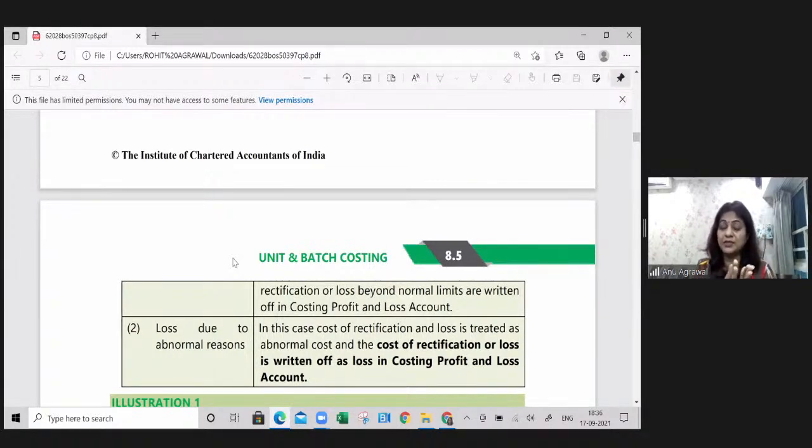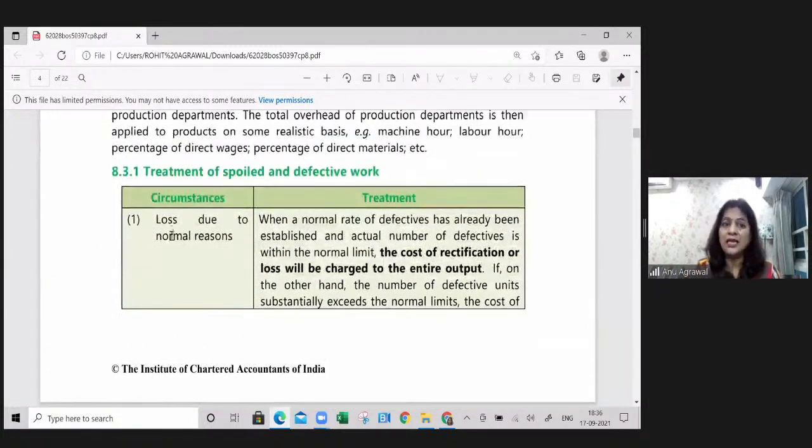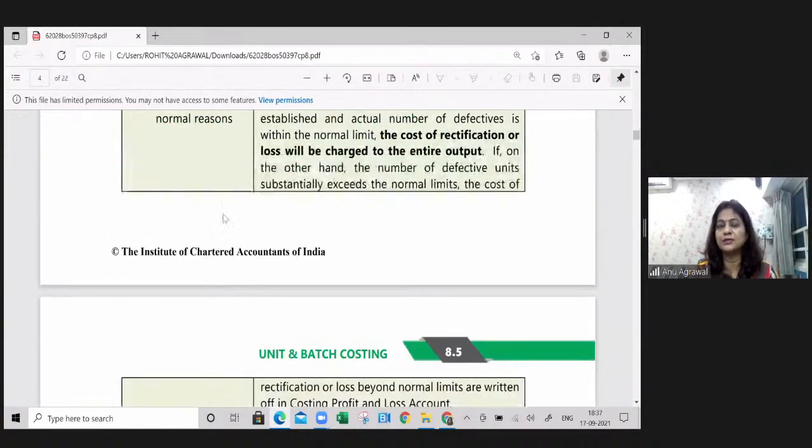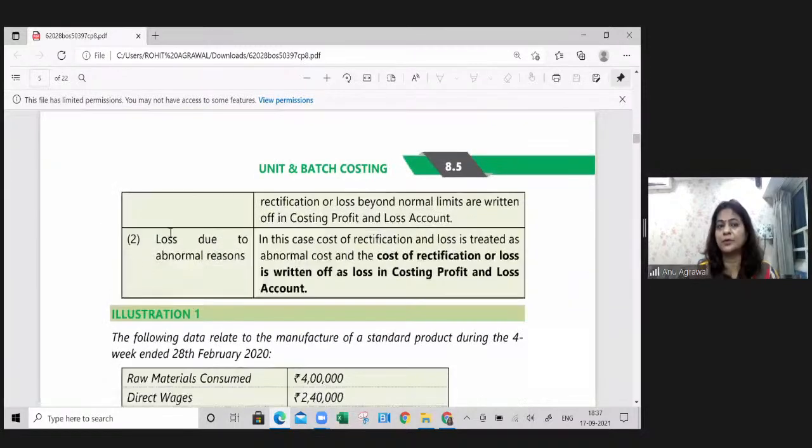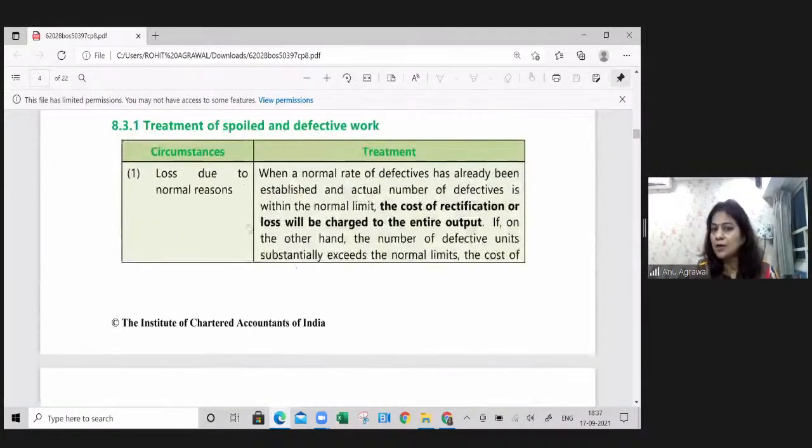I was telling you the difference between spoiled and defective work. When something is spoiled, it is beyond repair. If it is defective, I may still incur some expenditure and recover something out of it. Here ICAI is saying that if things have gone bad, you need to look into the reasons. Is it a normal reason or an abnormal reason? If it is a normal reason, then you must have identified a limit.